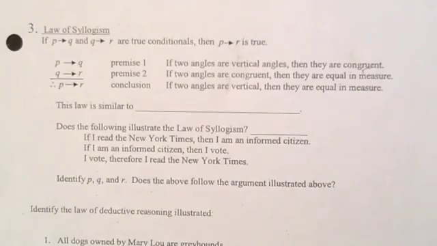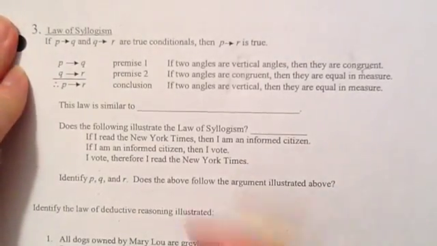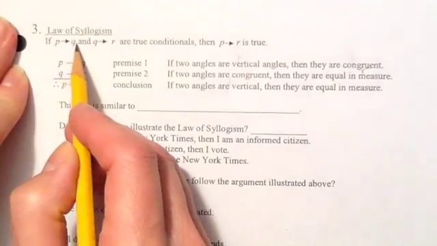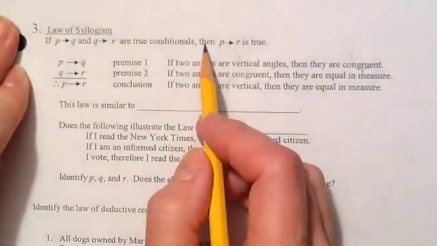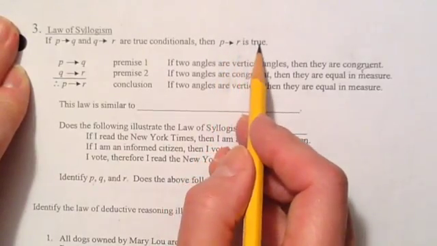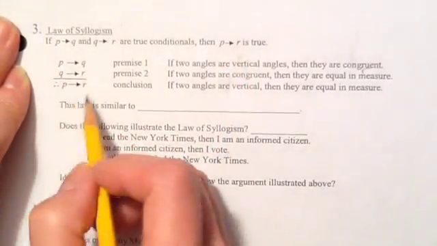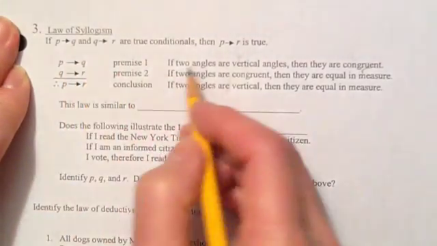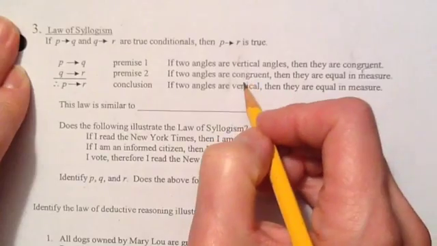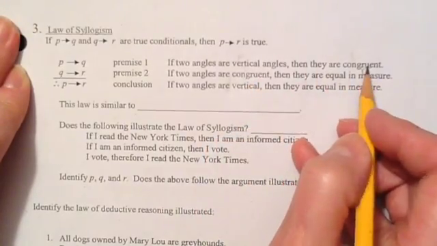Okay, the third law is called the law of syllogism. It says, if P then Q and Q then R are true conditionals, then P then R is true. All right? So our first premise, or our first conditional statement, is, if two angles are vertical, then they are congruent.